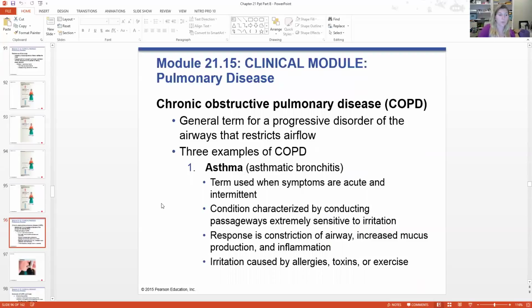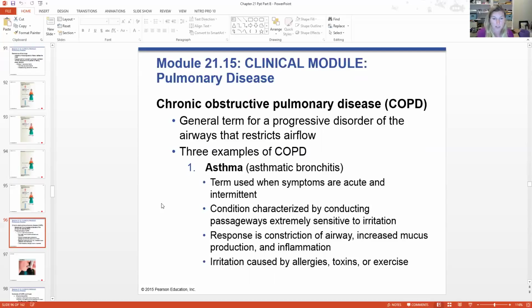There's also COPD, chronic obstructive pulmonary disease. This is the general term for any progressive disorder causing the restriction of airflow. There's 3 examples. Asthma, asthmatic bronchitis, is an example of COPD. It's the term that's used when you have very acute or intermittent symptoms. It's characterized by having very sensitive airways.